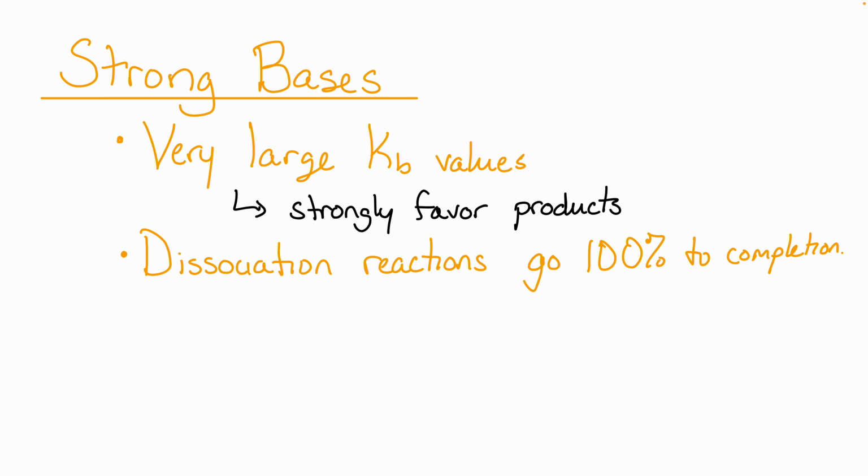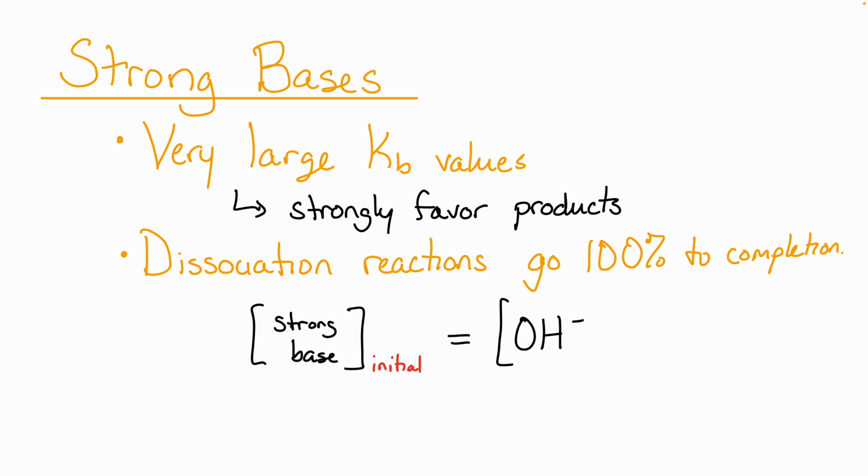Which again means that we get to say that the concentration of our strong base that we start out with initially is equal to the concentration of hydroxide when that dissociation reaction reaches equilibrium.